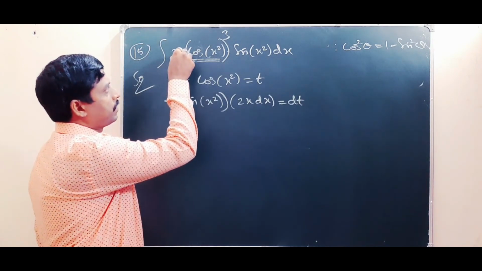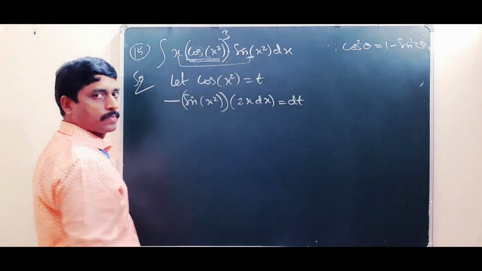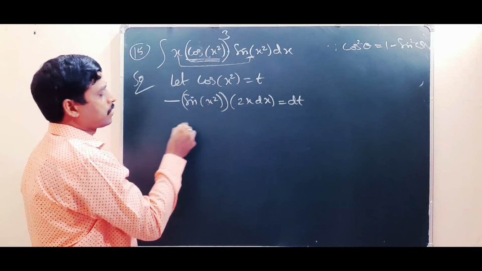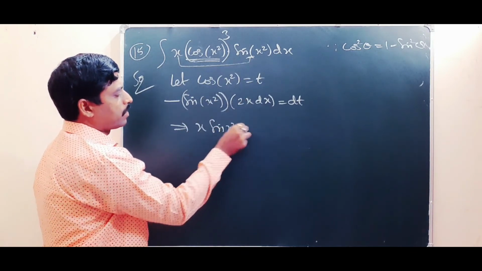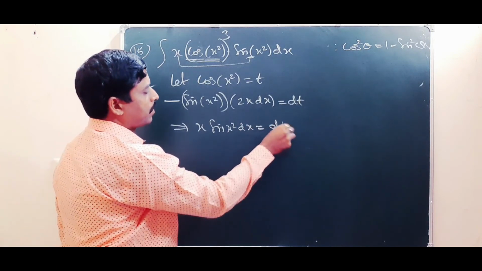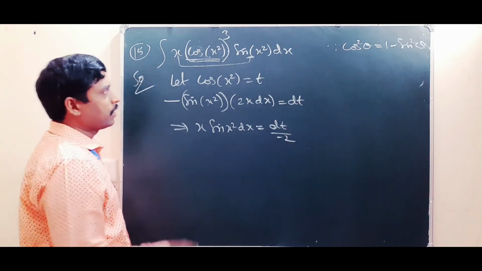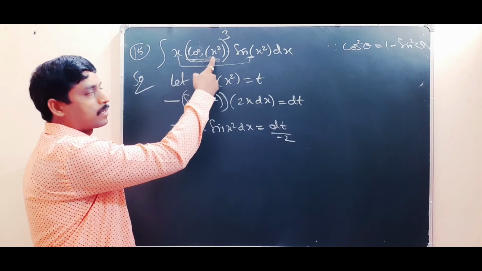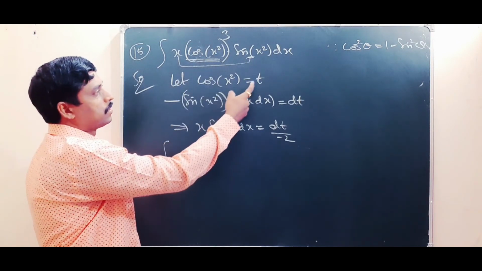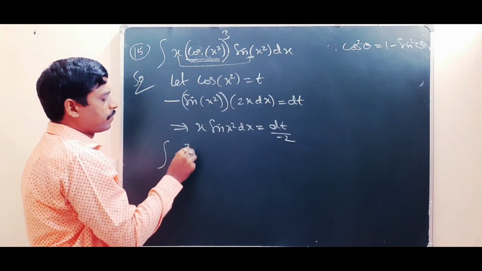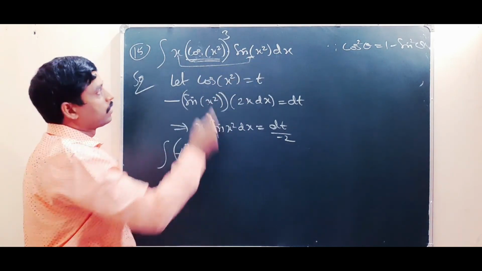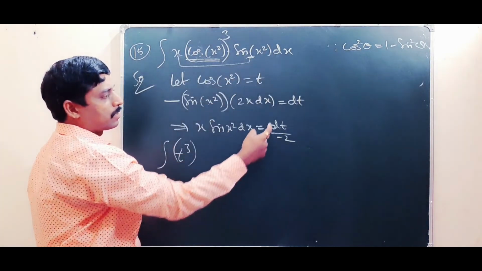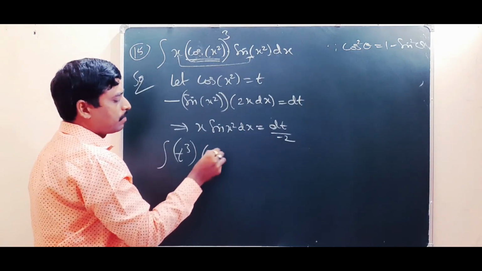In the statement we have x sin x square. We need x sin x square dx value, which is dt by minus 2. Integral cos x square, in this place let us take t cube, and x sin x square dx we have got dt by minus 2.